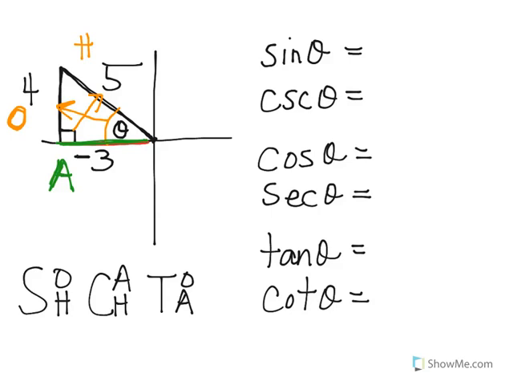So sine, based on SOHCAHTOA, is opposite over hypotenuse. So that would be 4 over 5. And cosecant theta is the reciprocal function of sine theta. So if we know that sine theta is 4 over 5, we know that cosecant is 5 over 4.